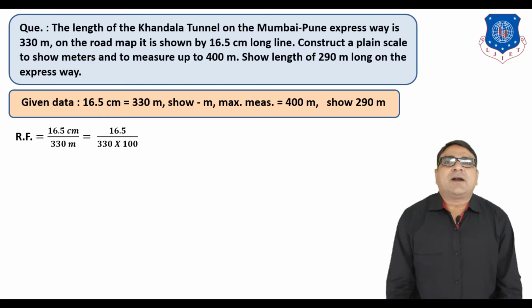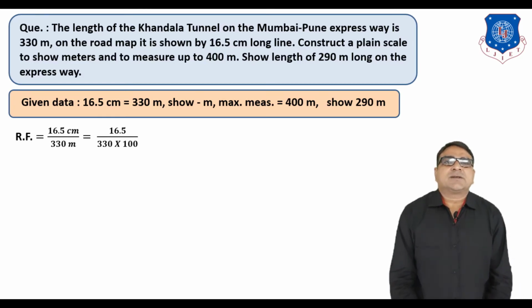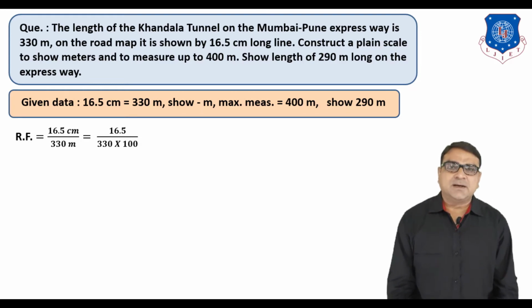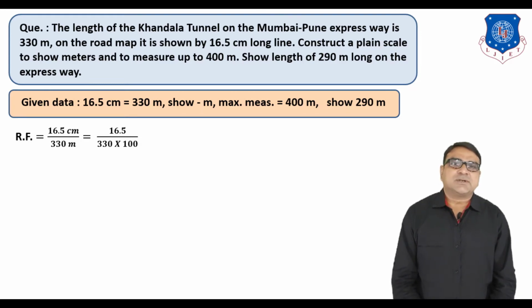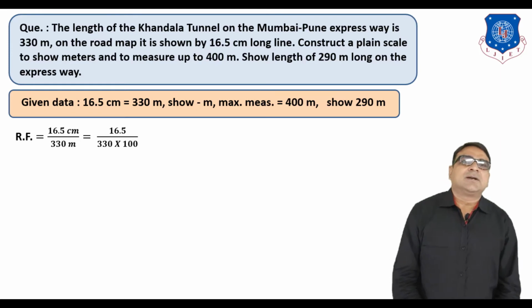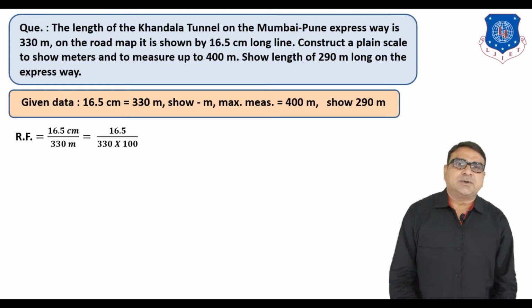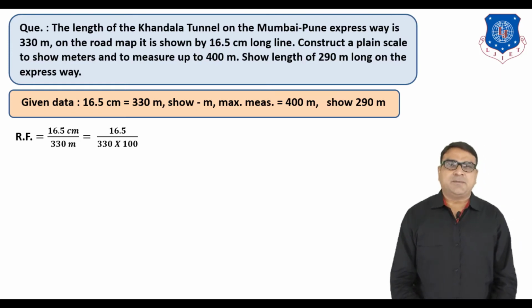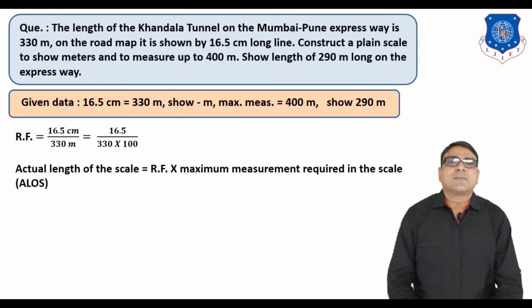So first of all, find the representative fraction: 16.5 centimeter by 330 meter. But RF is unitless, so convert the meter unit into centimeter by multiplying by 100. So the final value is this.